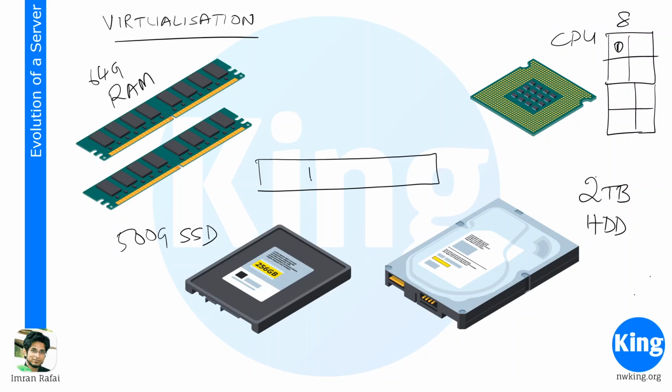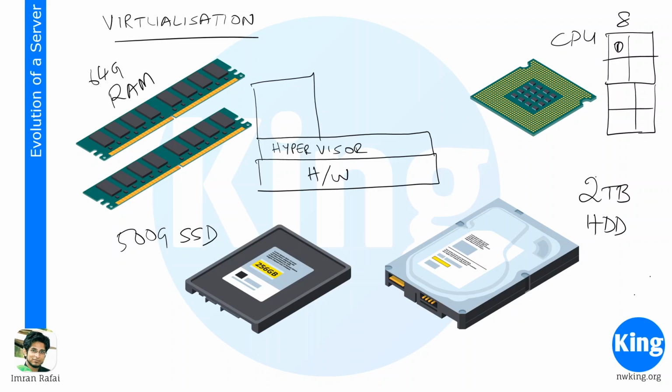So we take this physical hardware, and on top of that we run a software called a hypervisor, maybe like an ESXi server. Once you run the hypervisor software, it could take this physical hardware and break it into smaller units and build virtual machines.